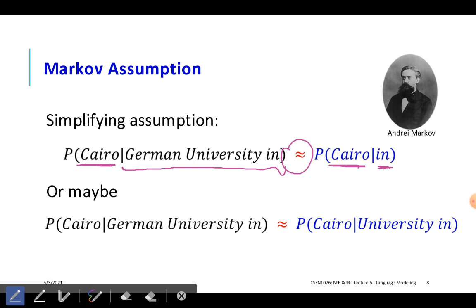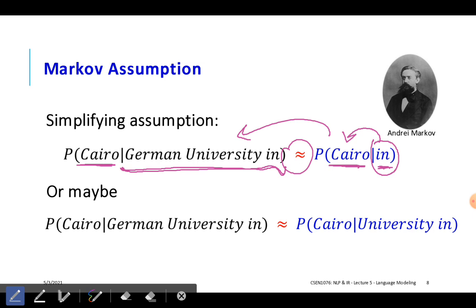So instead of having to go and count all of these words combined in a sentence in a corpus, you just can go and count this word in a corpus and then see how many times does Cairo appear after it. And you will essentially have something close to the probability that you could have computed from the entire sentence as a whole.